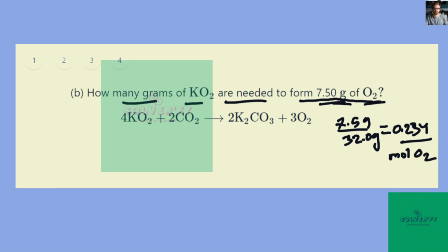of 7.5 gram O2. Now we have to find out how many moles of KO2 we need to produce 0.234 mole of O2.